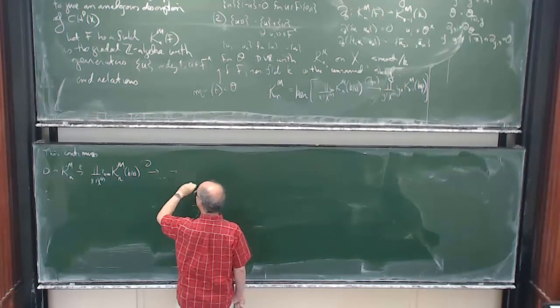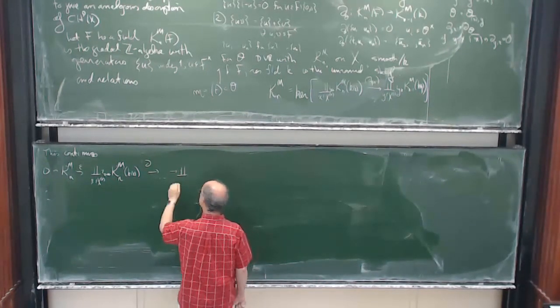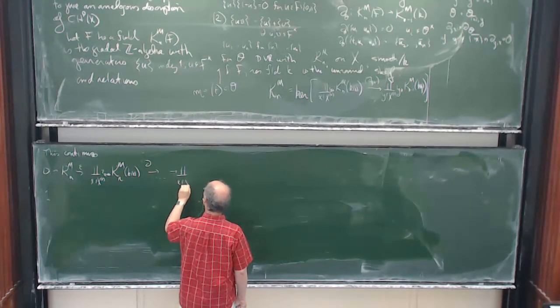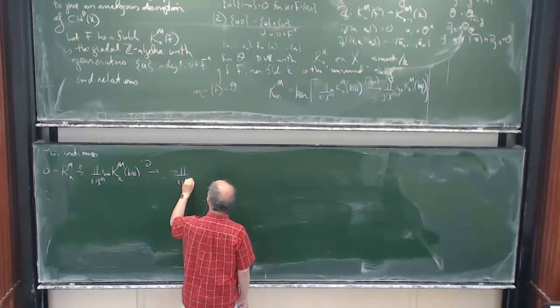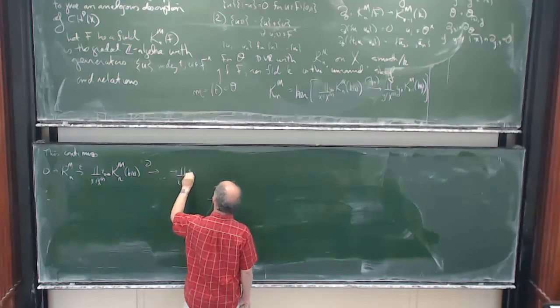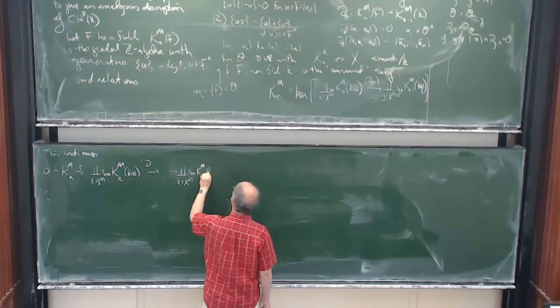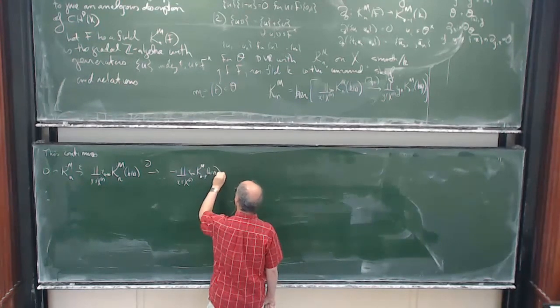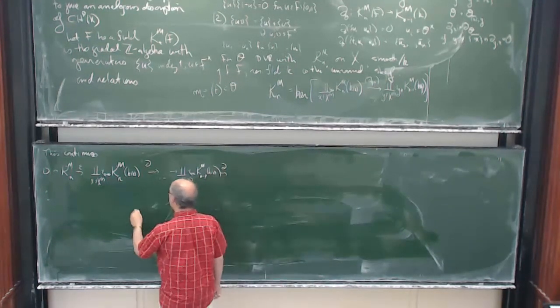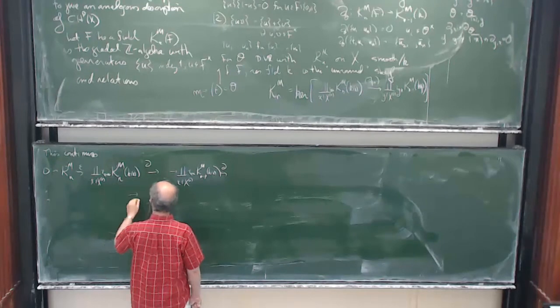In the pth stage, it looks like this: i_x lower star, Milnor K_{n-p}, k_x, and it continues on until you can't go anymore.